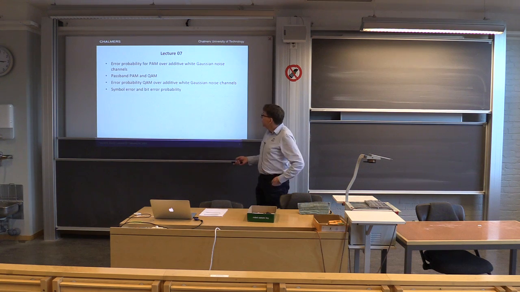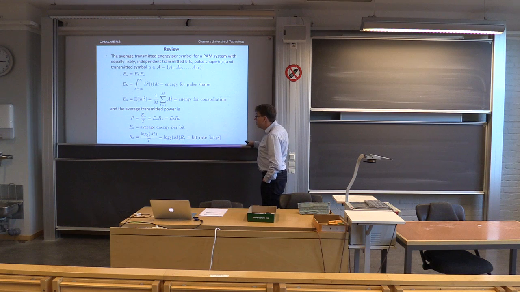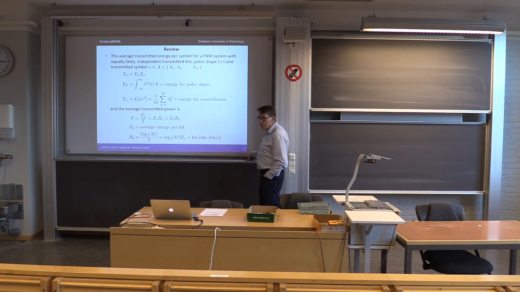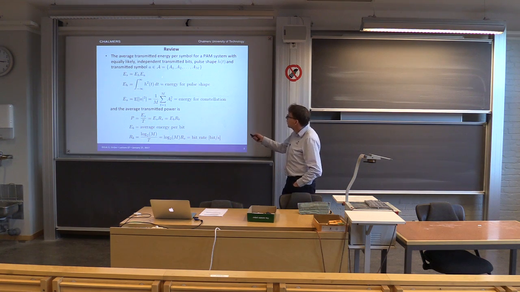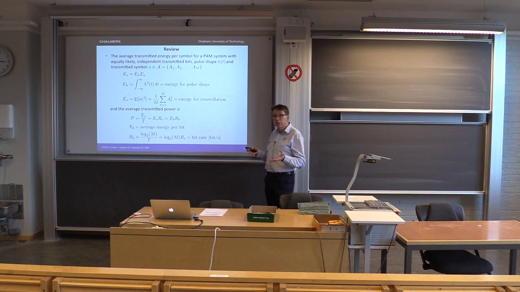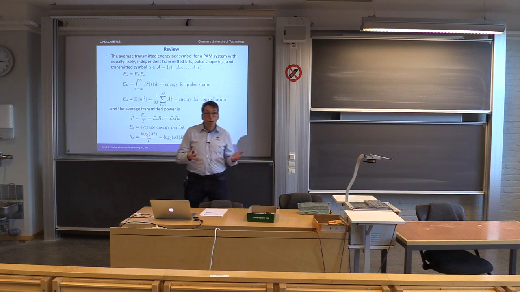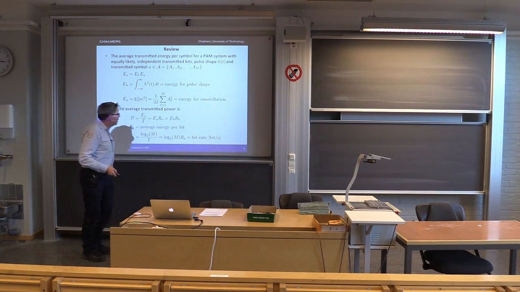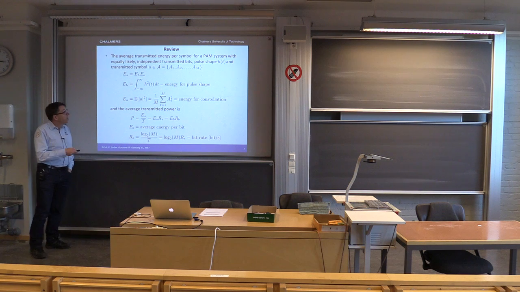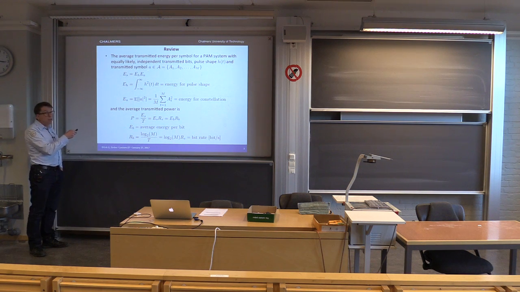So what we did last time is we talked a little bit about constellations, that is sets of amplitudes when it comes to pulse amplitude modulation, and how that affects the energy of the transmitted pulse. If we think of the data as being random, then the amplitude that we send is also random, and the average signal energy is then the expected value of the random transmitted energy.